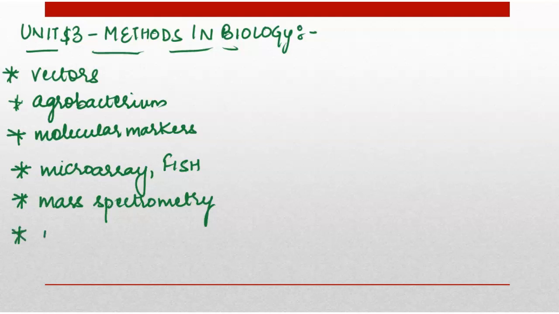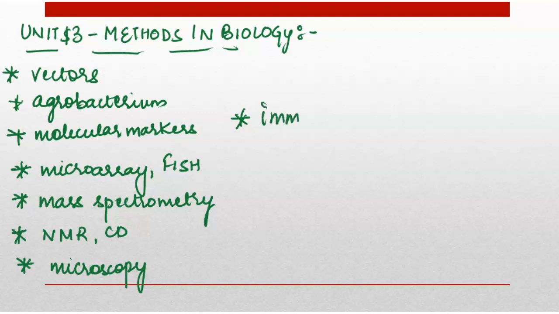Then is NMR and CD spectroscopy. Then we have microscopy. All the types and their functions you should know. Immunotechniques same as that of Unit 12. Then we have blotting.